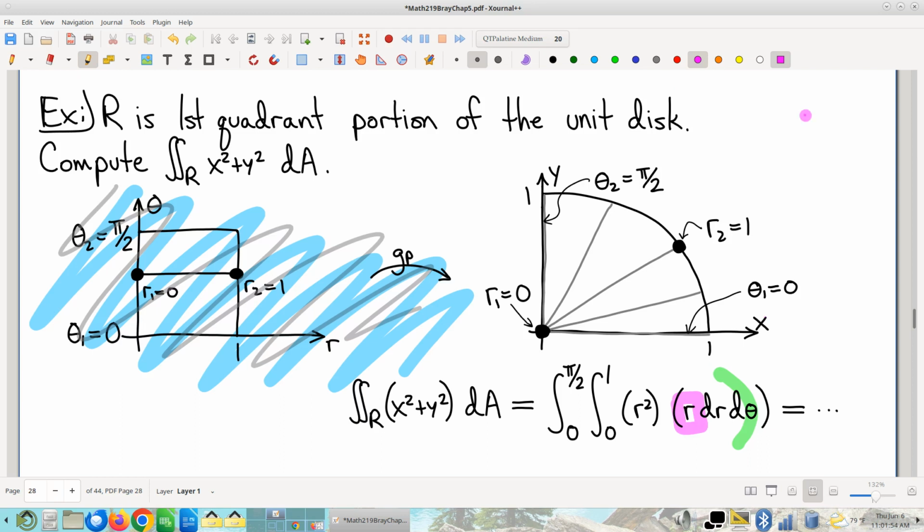This is the multivariable calculus idea of doing an integral in polar coordinates. So extremely important. By the way, just to emphasize on an exam, putting down the correct stretching factor in there is worth several points, probably. So it's a big deal. Make sure not to forget it.